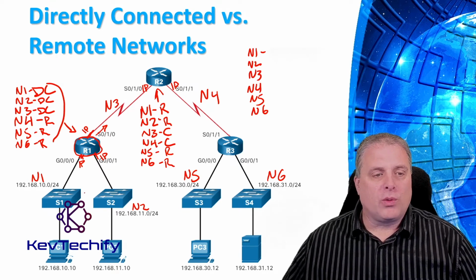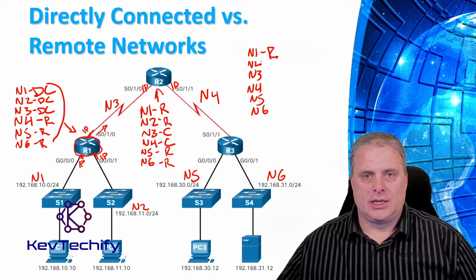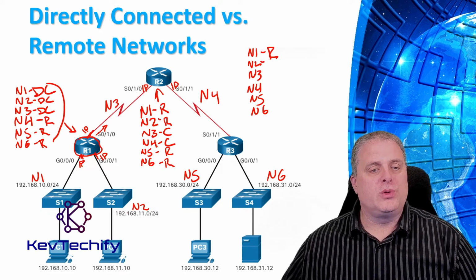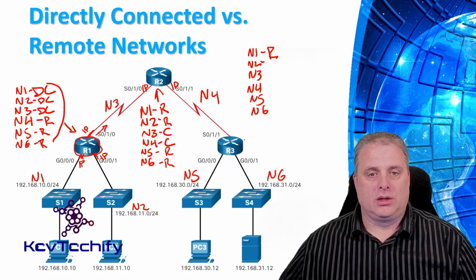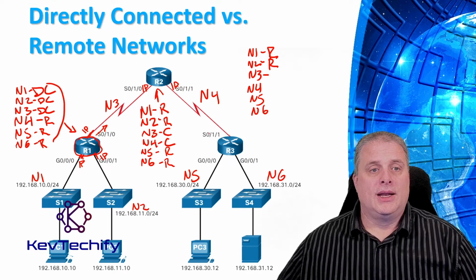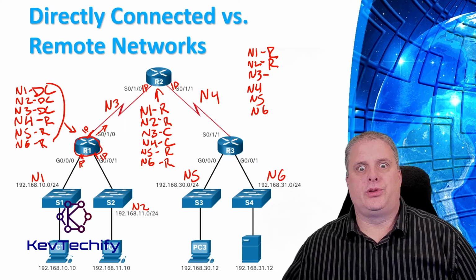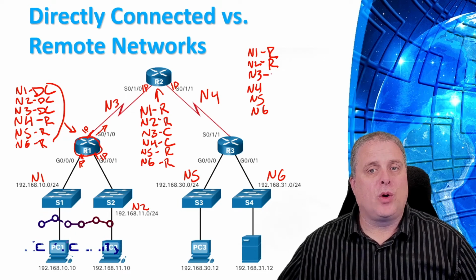Network 1 is not directly connected to R3, so that's a remote network. Same thing with network 2 over here. You have to go through at least one router to get to it. So that's a remote network. Network 3, you have to go through at least one router. You have to go through R2 to get there. That's a remote network.